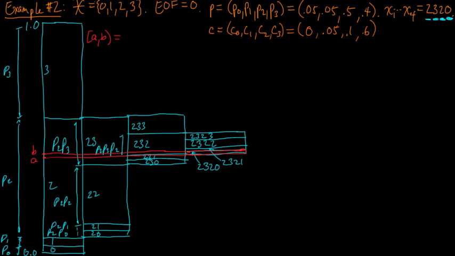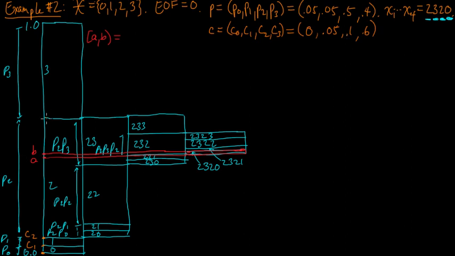So why is this useful? Because if you look down here on our diagram, what is this number? This is 0.05 right here. Well, the first one, the lowest number, 0, is of course C0. So this is C0. C1 is 0.05, right? That's C1. C2 is this guy, it's 0.1.